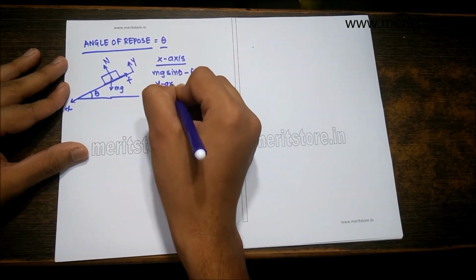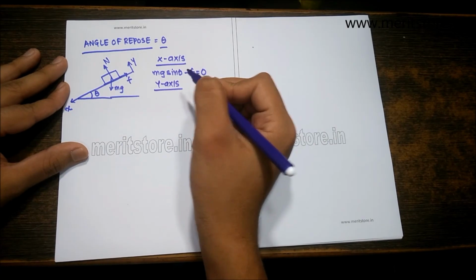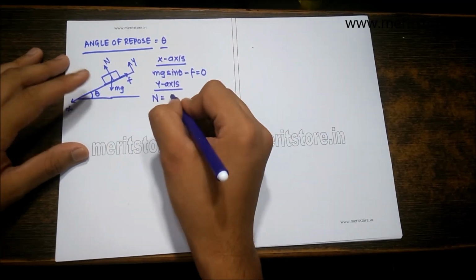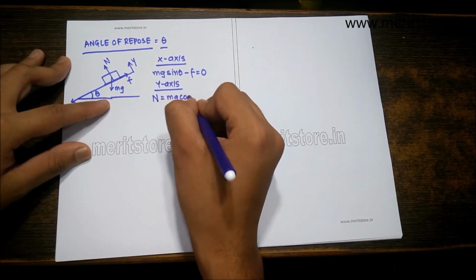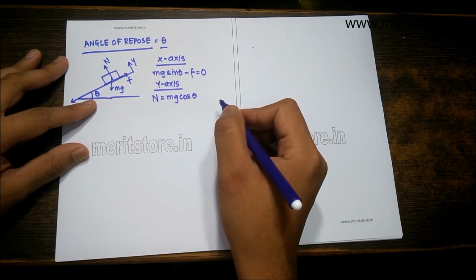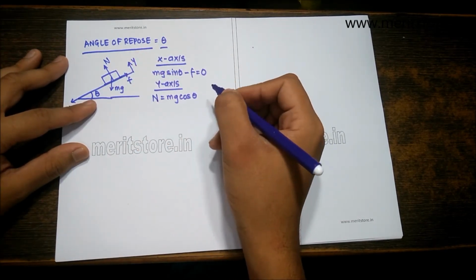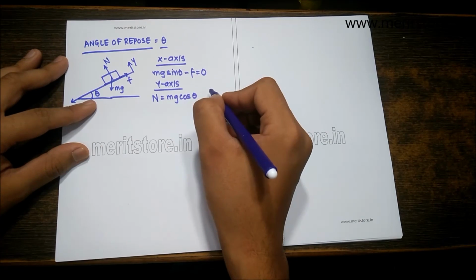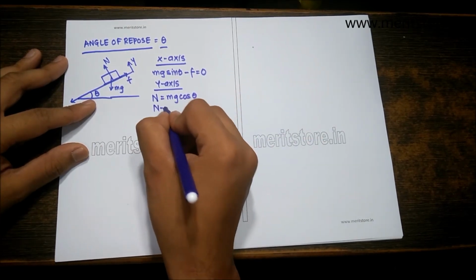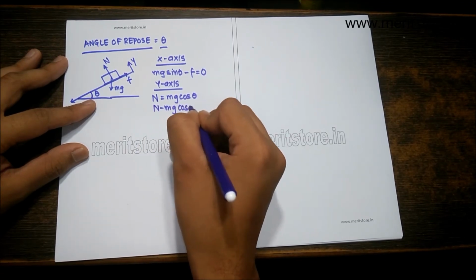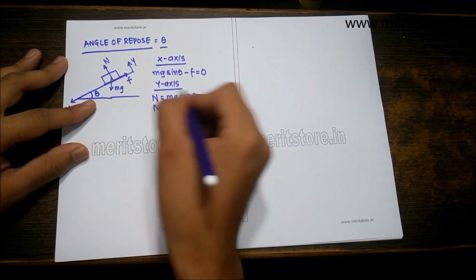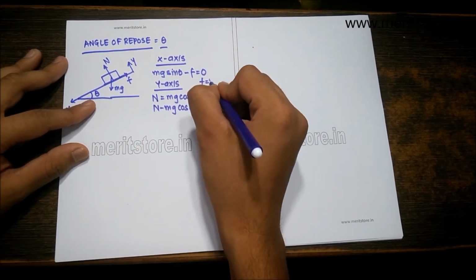Along the y-axis, we have N equal to mg cos theta, which is the weight component along the y-axis. So N minus mg cos theta is equal to 0. So N is equal to mg cos theta while F is equal to mg sin theta.